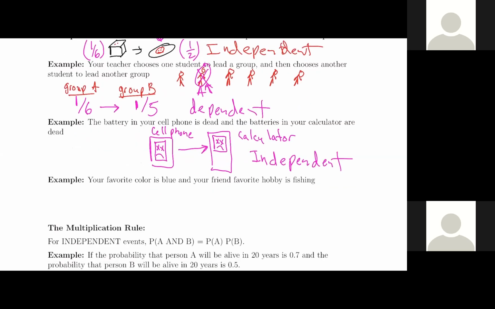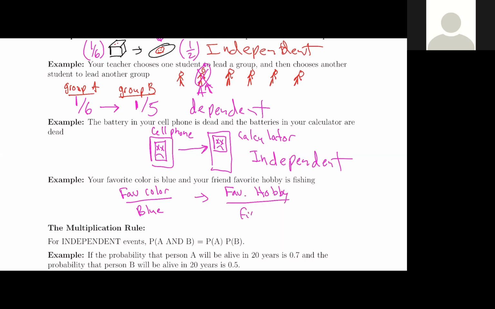All right, let's do this last one. So your favorite color is blue and your friend's favorite hobby is fishing. So we have your favorite color, you selected blue, and then your friend's favorite hobby is fishing.